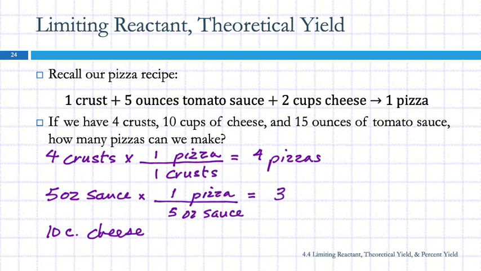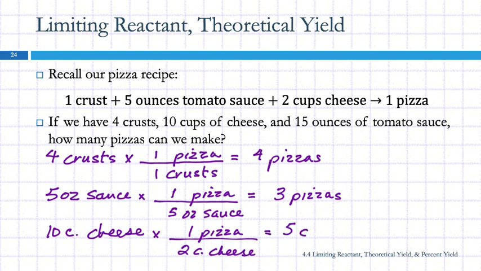So that's going to give us 3 pizzas. And then the cheese, we did this one on Tuesday. 1 pizza requires 2 cups of cheese. That looked like it was going to be cups of cheese, but it's actually pizzas. 5 pizzas. So we can make 3 pizzas.